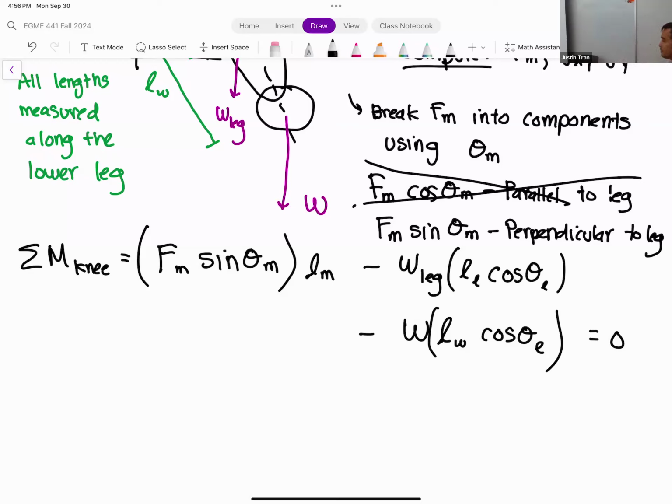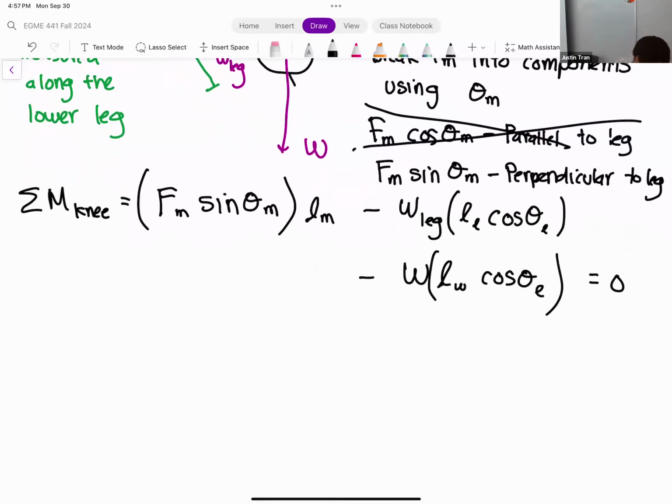Okay, so now we have this algebraic equation here for Fm. And just like typical cases, everything in this equation is given except for Fm. So if we plug in some typical values, let's say the weight of the leg here is 50 newtons. The weight itself is 150 newtons.